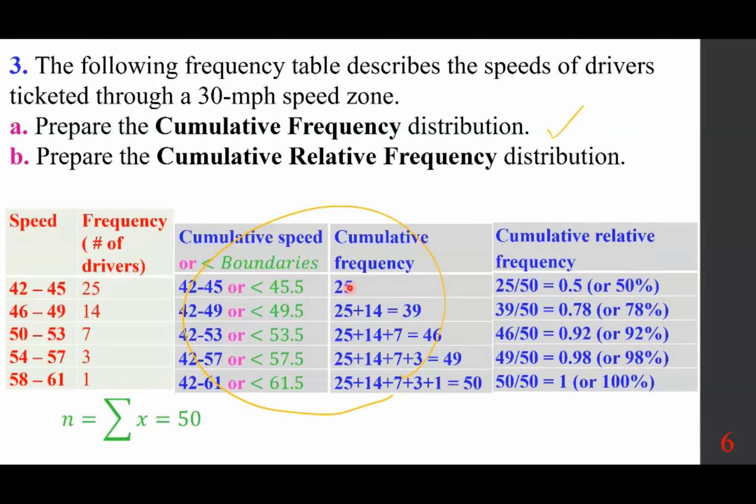So 25 over 50, 39 over 50, 46 over 50, 49 over 50, 50 over 50. Again, you go with the decimal or percentage or whatever they ask you. If they ask you for the fraction, this would be 1/2, everybody. So you write the proper answer as you are asked. Fractions are always an exact answer.